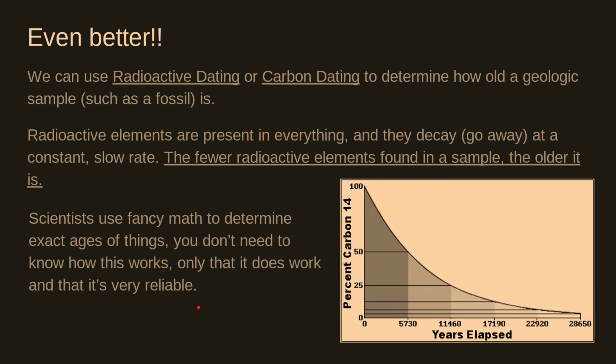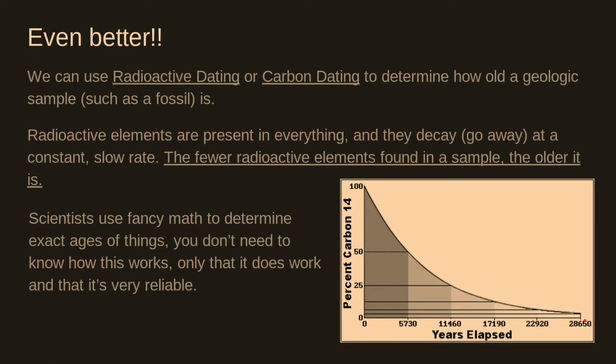Okay, so basically, we're talking carbon 14 here. It's a particular type of carbon that is radioactive. If you have a lot of carbon 14 present, you're probably pretty new. This is 0 years elapsed. As we go through time, as more and more years pass, that amount of carbon 14 goes down and down and down.